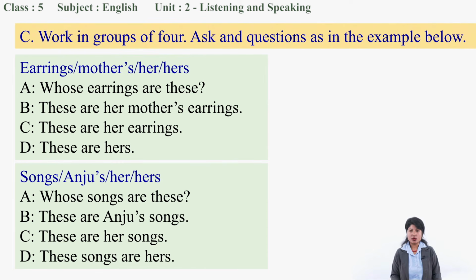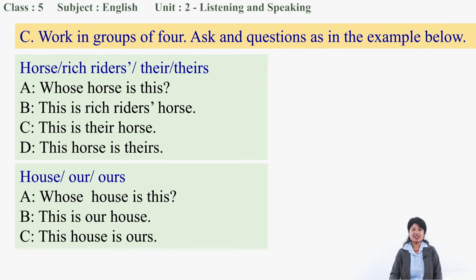Are there more clues? Yes, there are some more. Rich riders, theirs. We can form like, whose horse is this? This is the rich riders' horse. This is their horse.